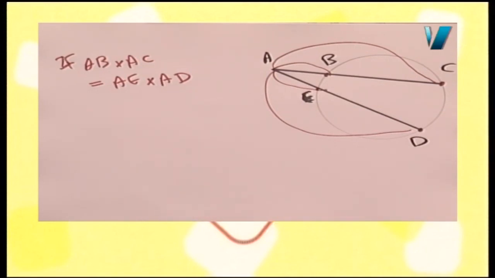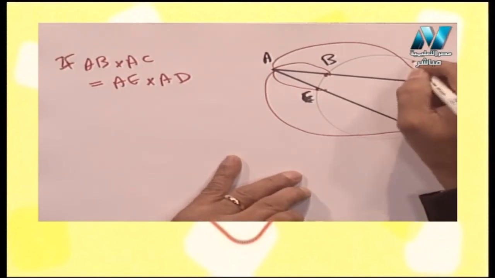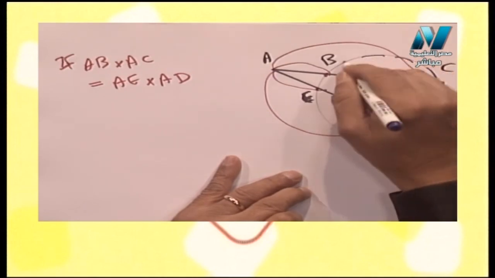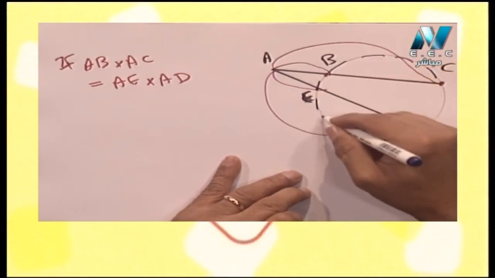So the circle will be dashed, not traced completely. We try to prove it.